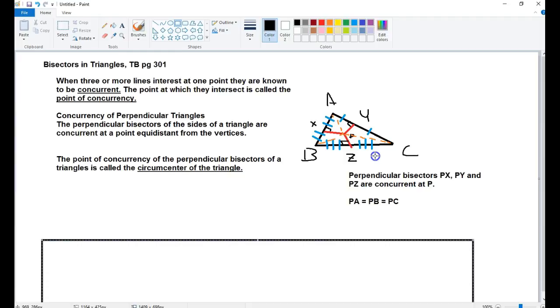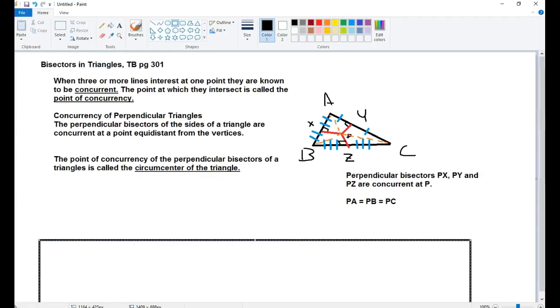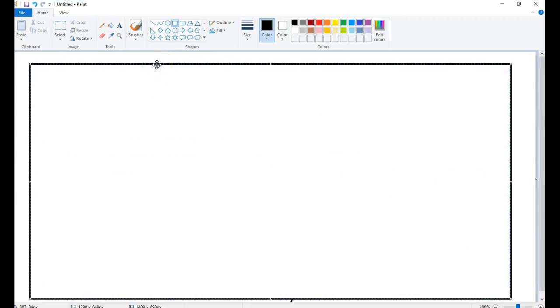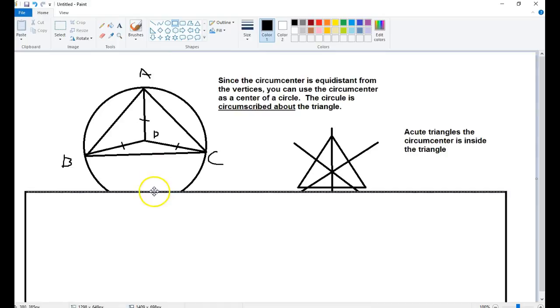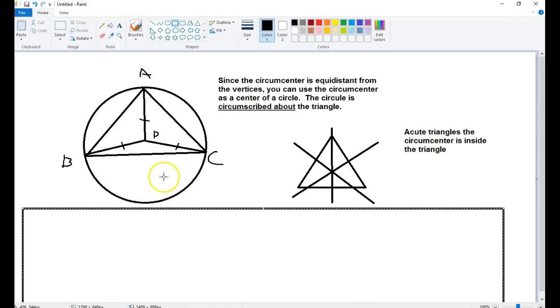Alright, we're going to take a couple more things with this. Okay, so now that we know that the circumcenter is going to be equidistant from the vertices, we can use that fact for something else. We can use that circumcenter to draw a circle around the triangle.